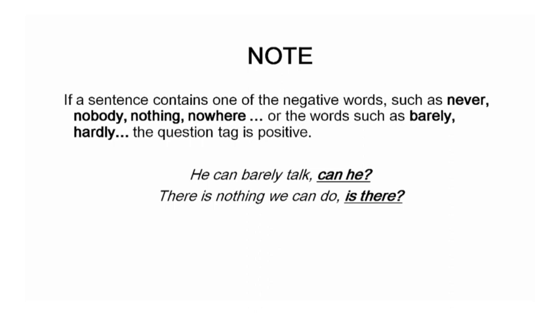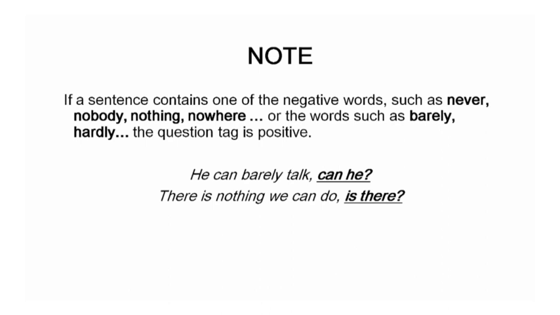Also, if a sentence contains one of the negative words, such as never, nobody, nothing, nowhere, or the words such as barely, hardly, the question tag is positive. Here are two examples. He can barely talk, can he? There is nothing we can do, is there?